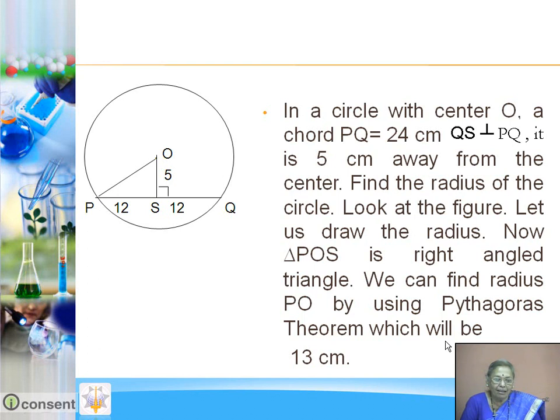The hypotenuse of the triangle is the radius of the circle. Calculate it. What is your answer? The answer will be 13 centimeter. And therefore, the radius of the circle is 13 centimeter.